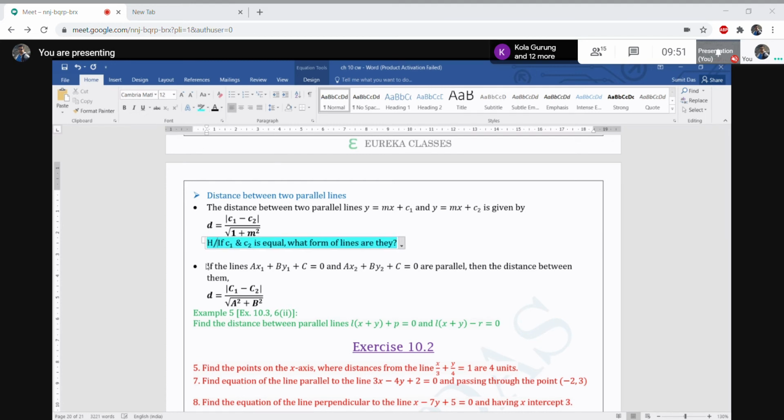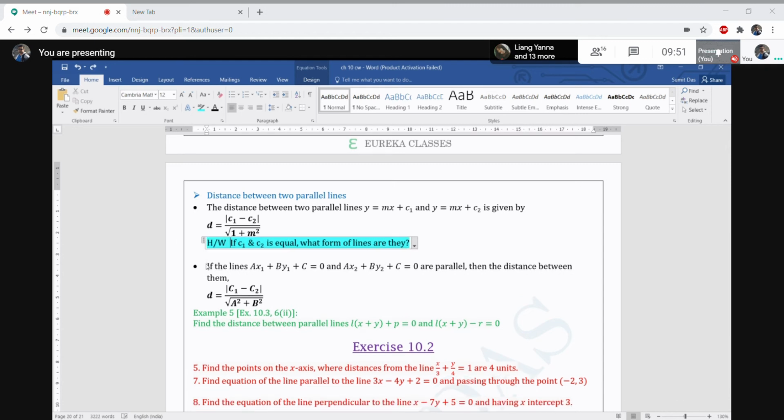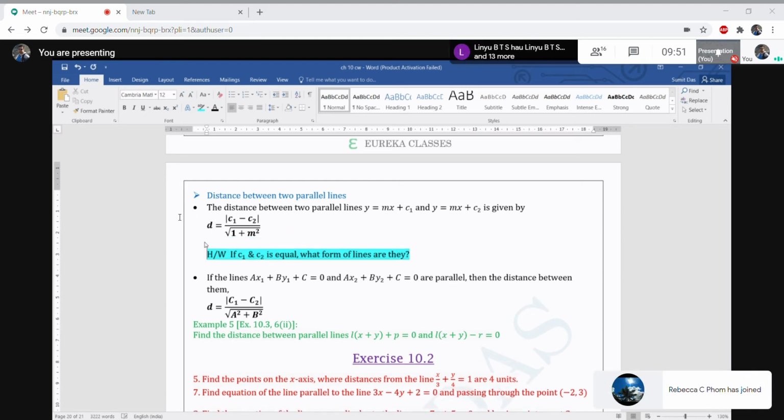Think about this and let me know: if c1 and c2 are equal, what will happen? What kind of line will be there?